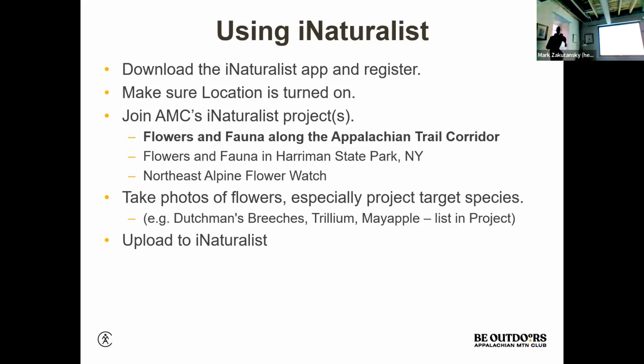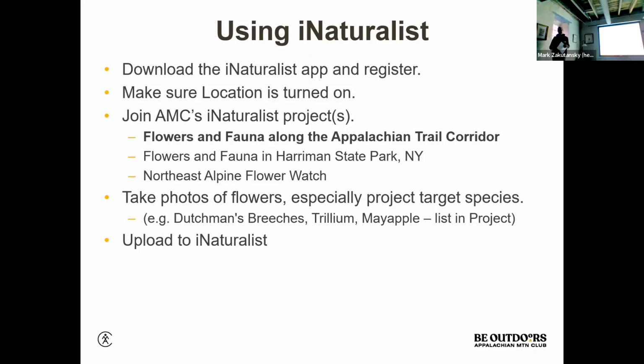The way you can help with this is you download this iNaturalist app and register on it. You have to make sure that location is turned on on your smartphone. Then you join one of the AMC's iNaturalist projects. There are three main ones they have going on at the moment.